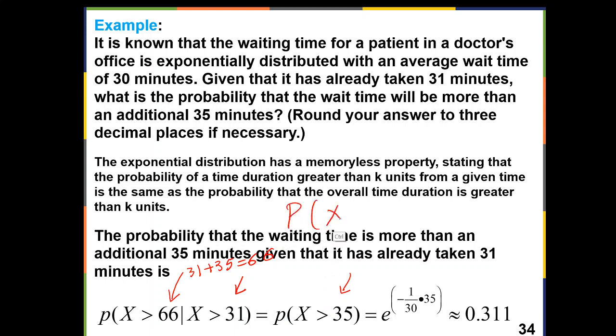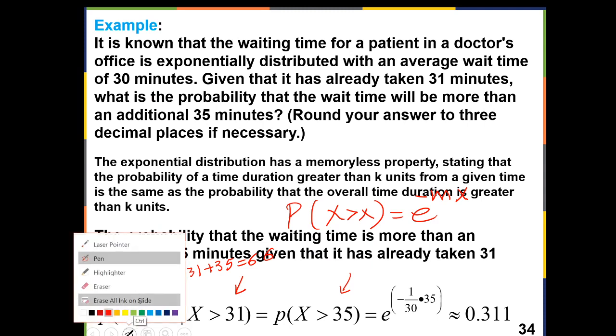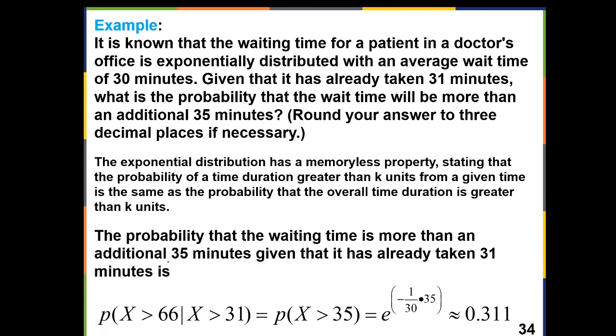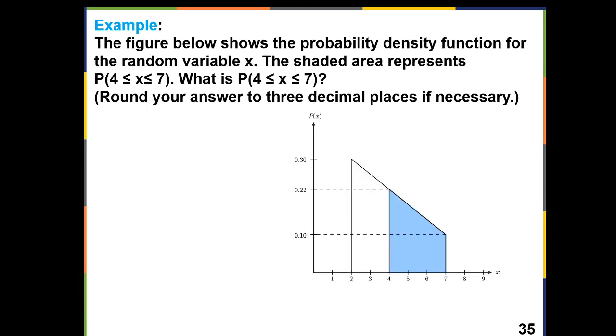Probability that x is greater than x is e to negative mx. And in this case, m is 1 over 30. So we put this in the calculator and we get about 30%. Okay? All right, so that's exponential distribution.